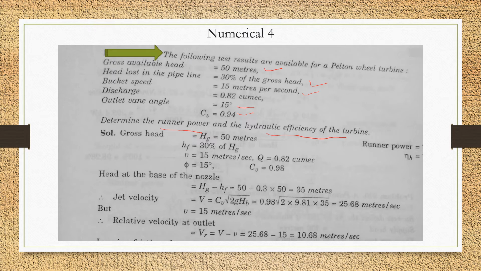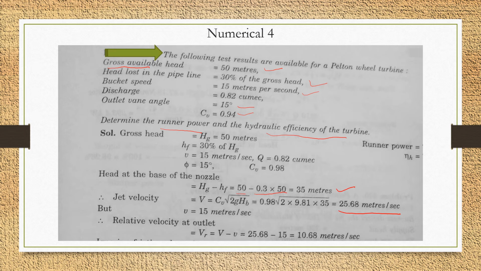We have the gross head available, so we have to find the net head. To find the net head, we subtract the frictional head from the gross head to get 35 meters. Now the jet velocity is Cv under root 2gH, so we get a jet velocity of 25.68.